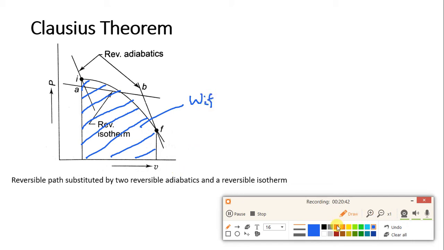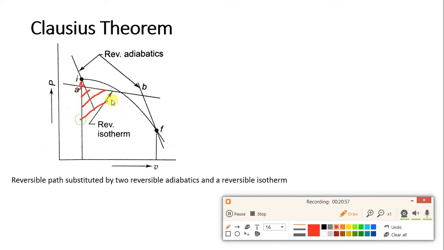Now let me clear this because it will create confusion. If you see IABF, the area under IABF will be this much. The area under IABF and the area under IF will be the same. So the work done in process IF and in processes IA, AB and BF will be the same.